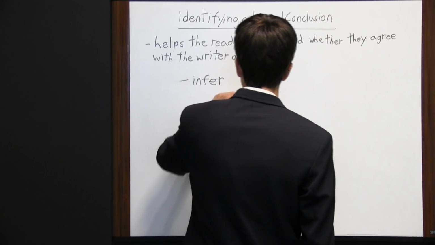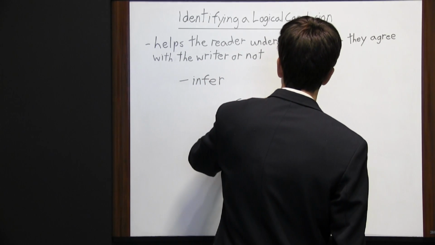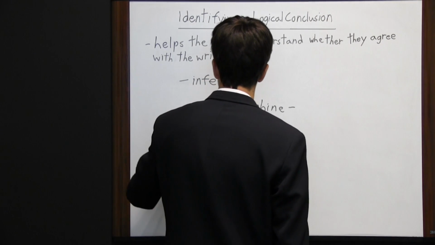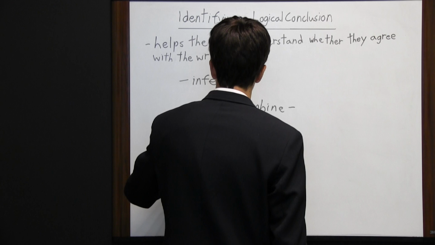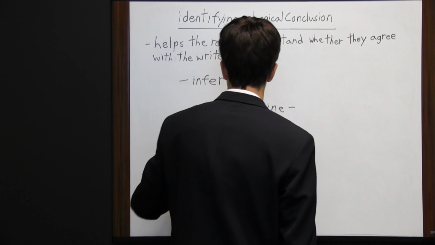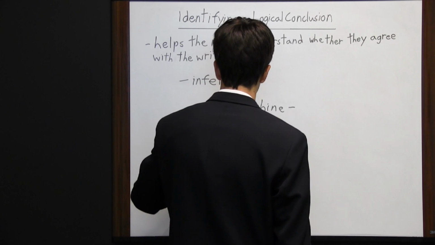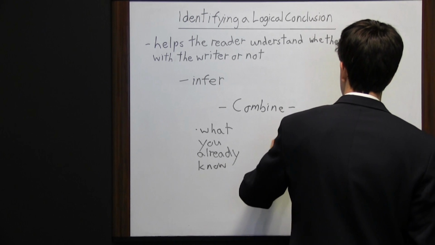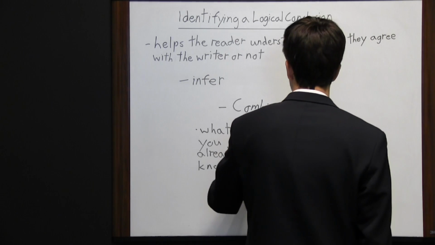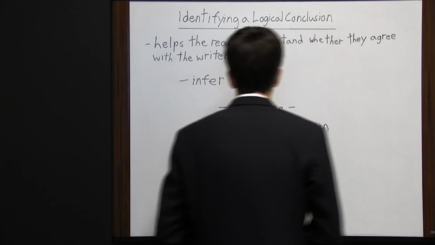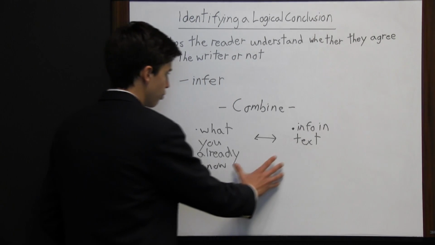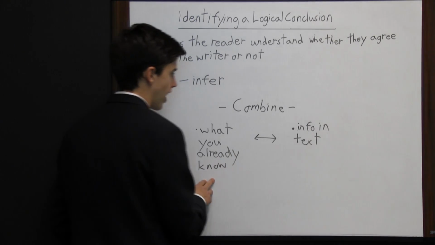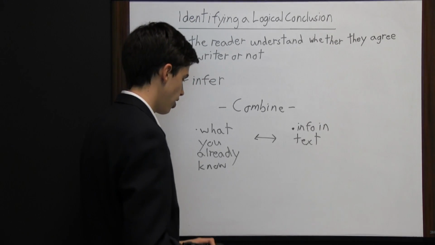And so what you're going to have to do is combine two things: what you already know with the information found in the text. So I'm going to draw a double arrow there because to make an inference, you're pulling these two things together, everything you find in the text, any pre-knowledge you have, and you're pulling that together to draw the conclusion.